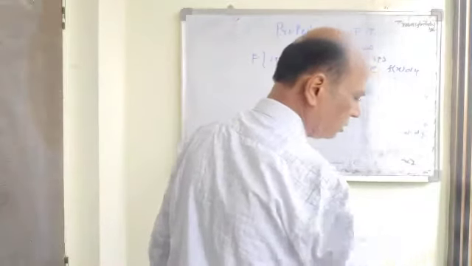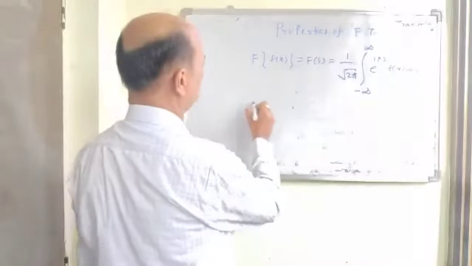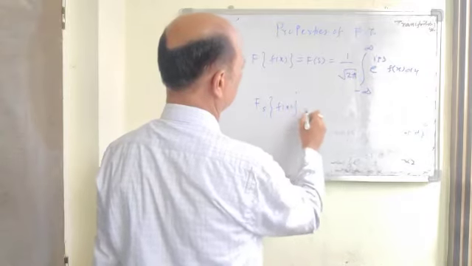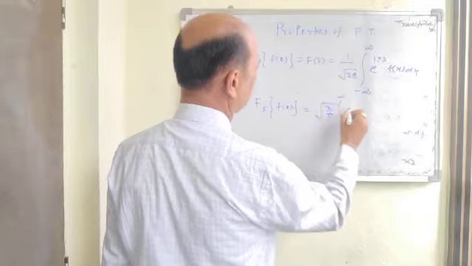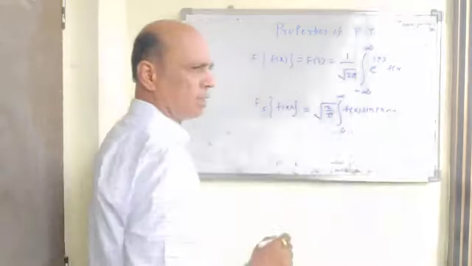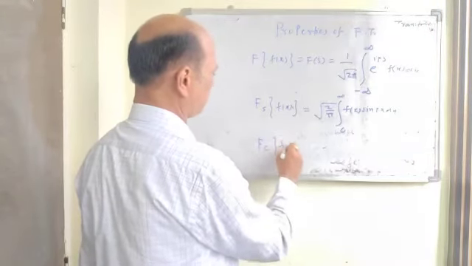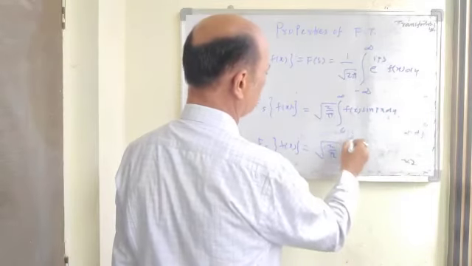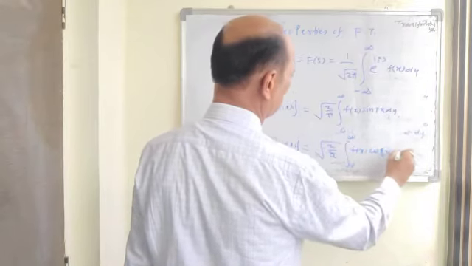Now there is a Fourier sine transform and cosine transform also. The Fourier sine transform is denoted by Fs of f of x, that is root 2 by pi integration from 0 to infinity f of x sin sx dx. Similarly, the Fourier cosine transform, Fc of f of x, is root 2 by pi integration from 0 to infinity f of x cos sx dx.